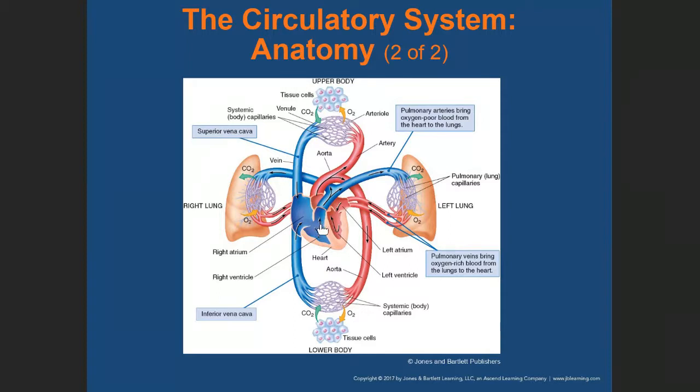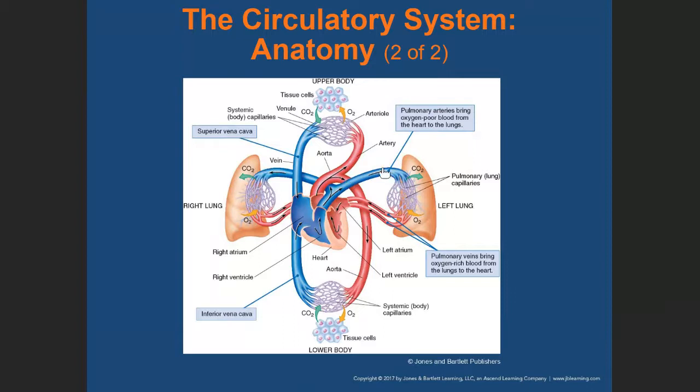The right ventricle then contracts and pumps that deoxygenated blood through the pulmonic valve into the pulmonary artery, which branches into the left pulmonary artery and right pulmonary artery, right? So the deoxygenated blood is transported to the lungs.